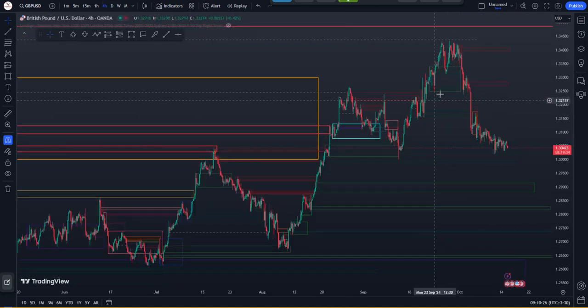So in the lower scale, we can see obviously we are in an uptrend and downtrend, and we have analyzed two scenarios.